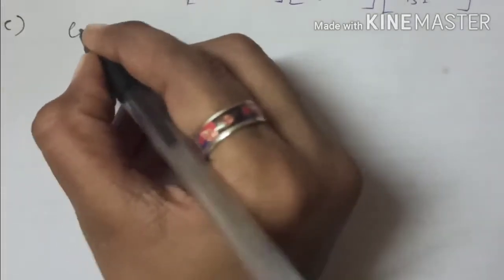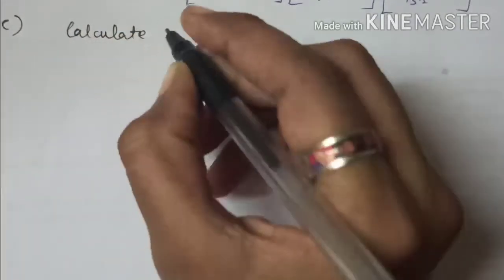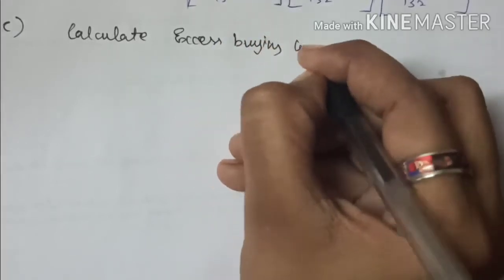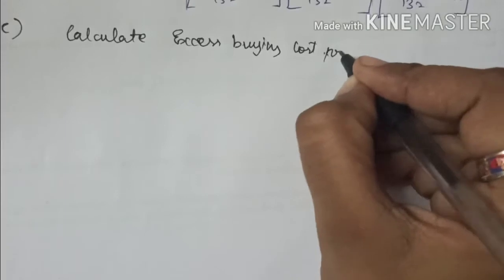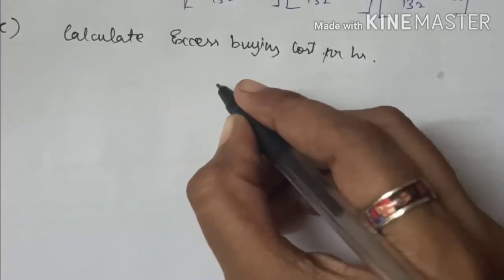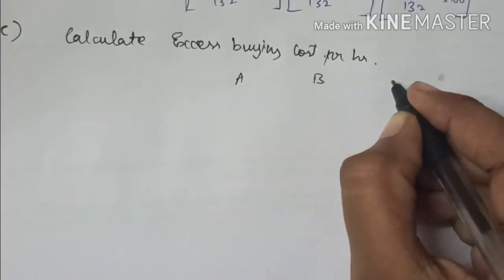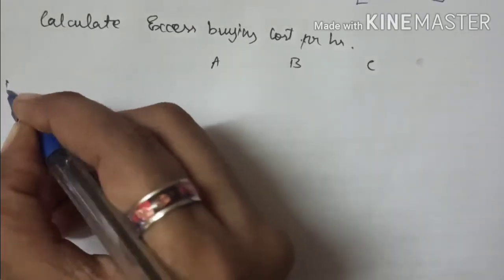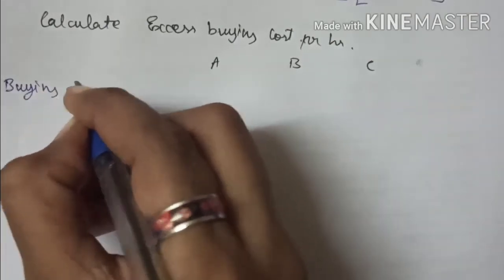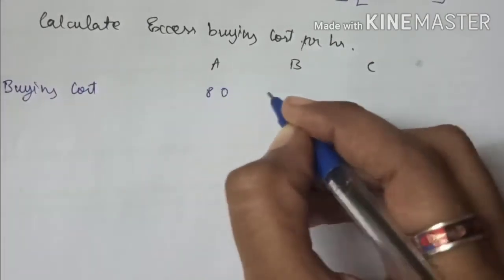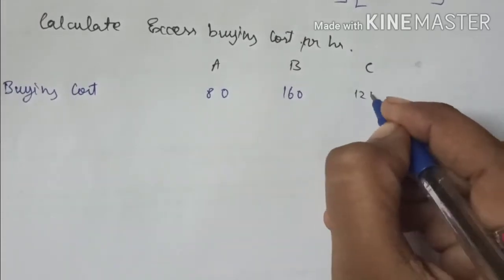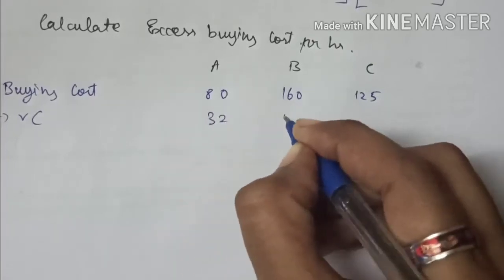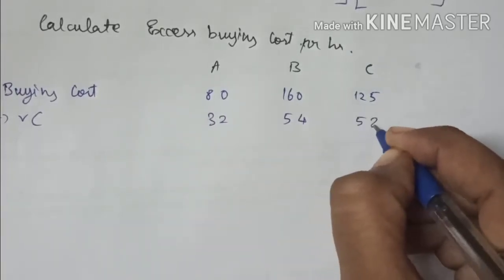In the third question, we have to give a suggestion on which component should be bought from the market. For that, you calculate the excess buying cost per hour for A, B and C. Buying cost is 80, 160, 125 and the variable cost is 32, 54, 58.